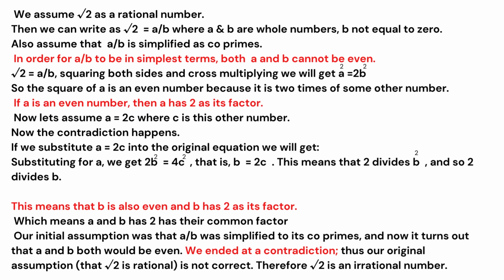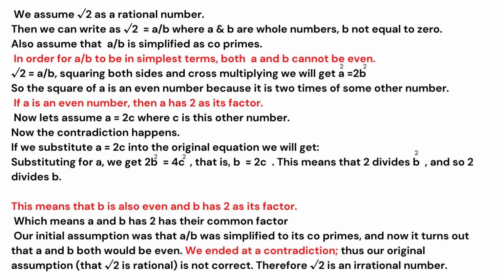Squaring both sides and cross multiplying, we will get a squared is equal to 2b square. So the square of a is an even number because it is 2 times some other number. So if a squared is an even number, then a is even and has 2 as a factor.